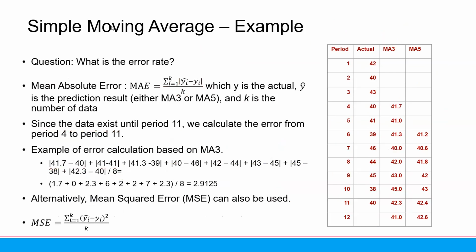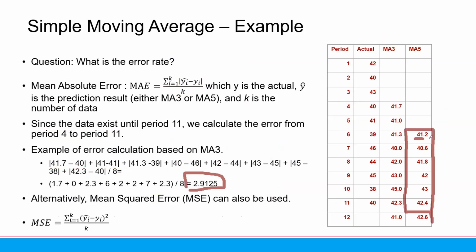And then we will check what is the value of this error. Okay, we have 2.9125. So you can do the same with this. You can use the same way.